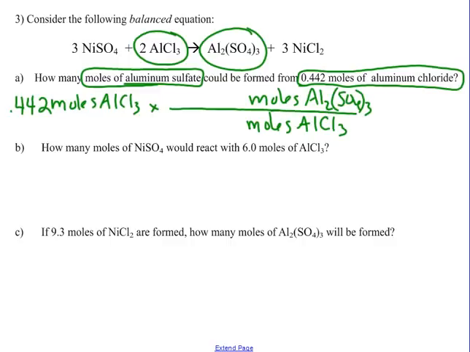Now your job is just to attach the numbers. 1 mole of aluminum sulfate, because the 1 is understood right here, over 2 moles of aluminum chloride, because that's the coefficient there. And so your math is 0.442 times 1 divided by 2. That gives you 0.221 moles of Al2(SO4)3.